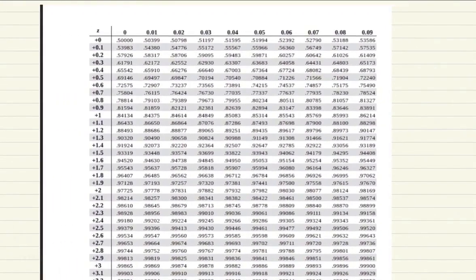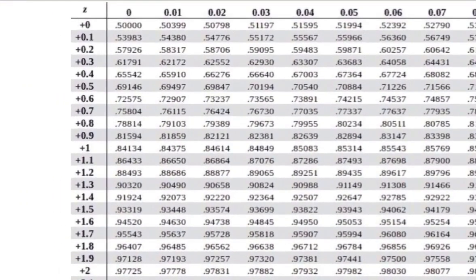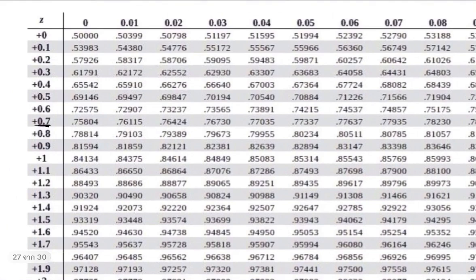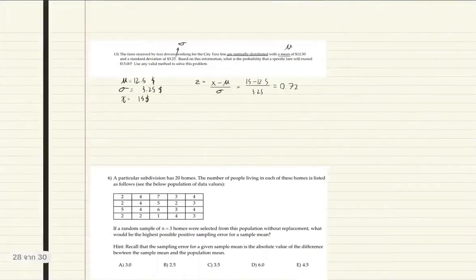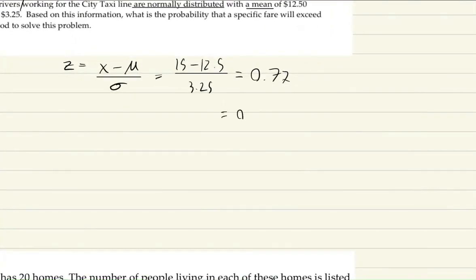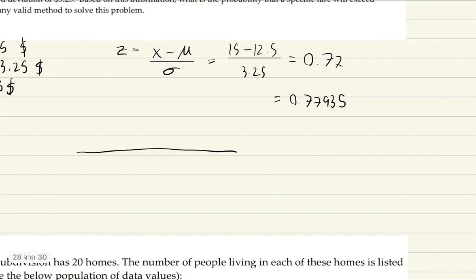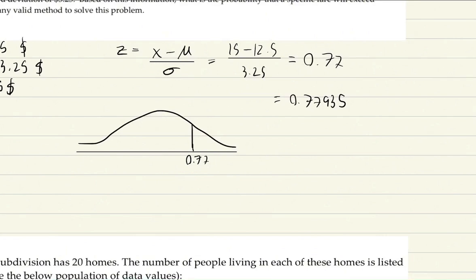Here, 0.77 is 0.77935. From this information we get a curve like this, and this one is going to be here.